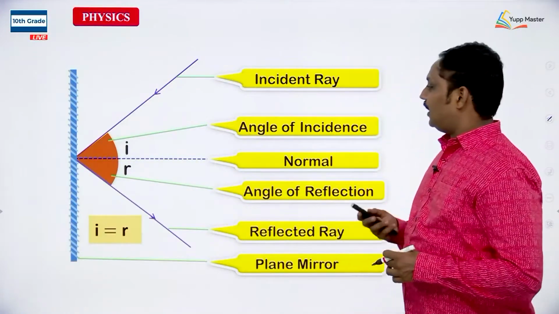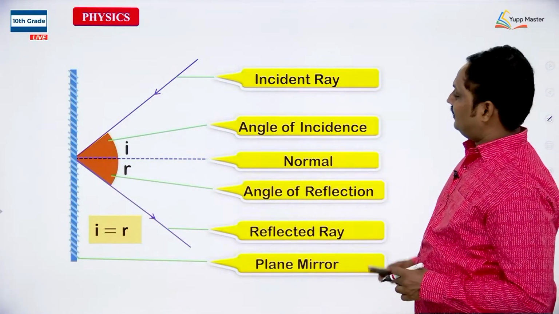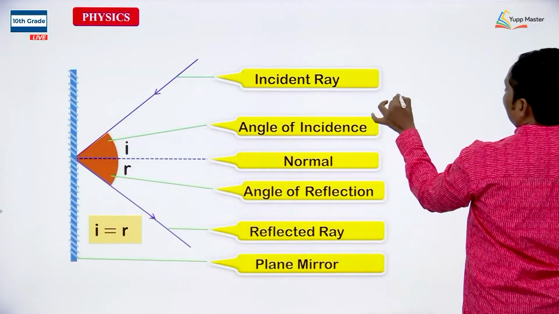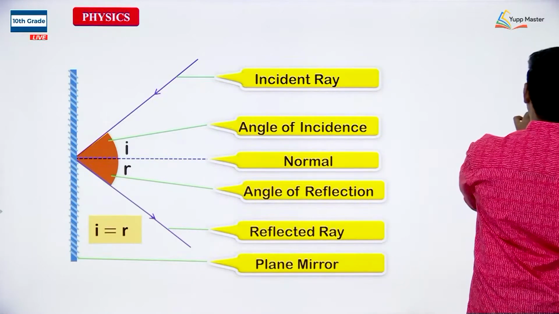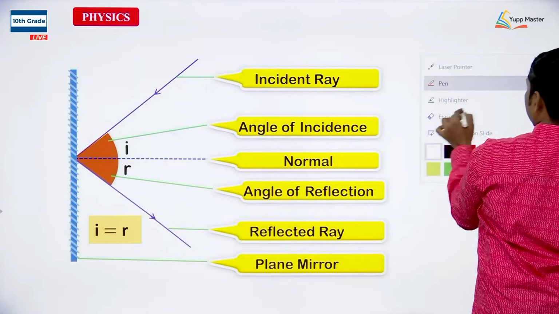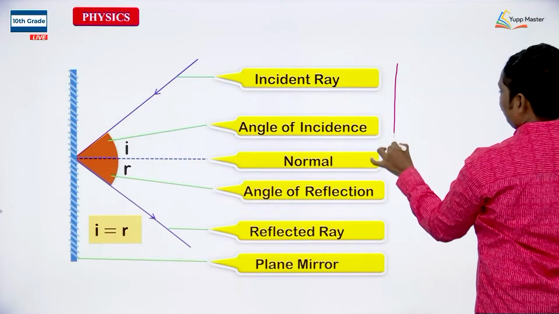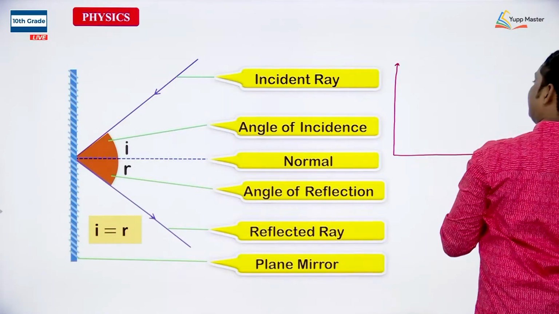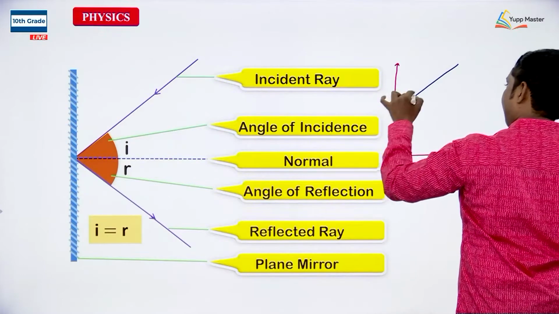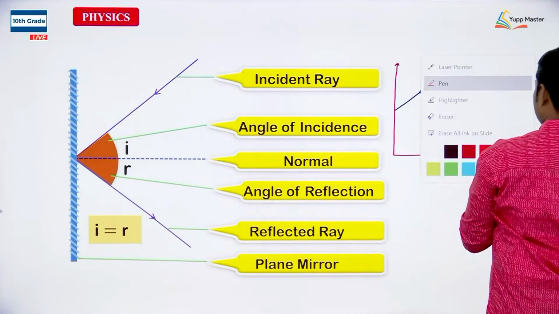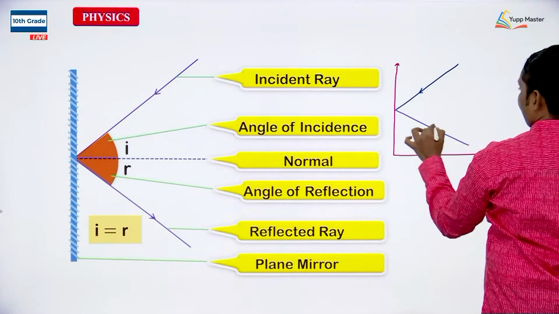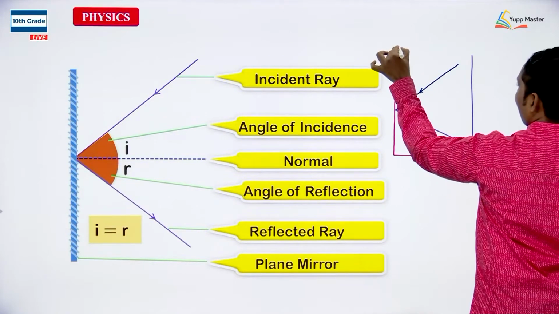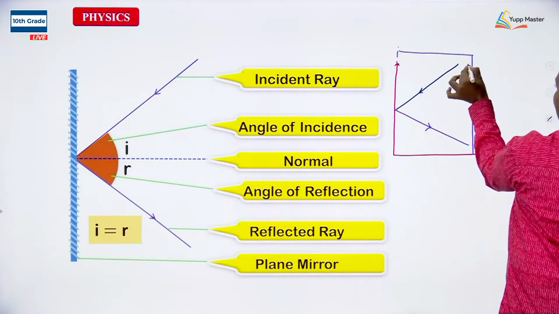It is very clear. That is one important point regarding this. The incident light ray and the reflected light ray lie in one plane, let us assume this is one plane.